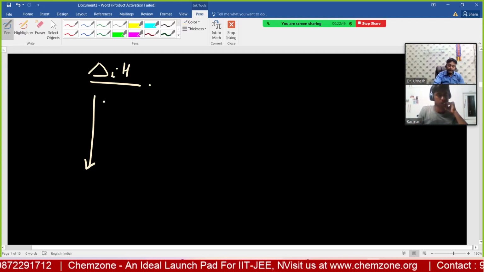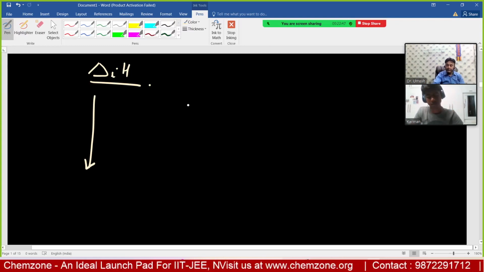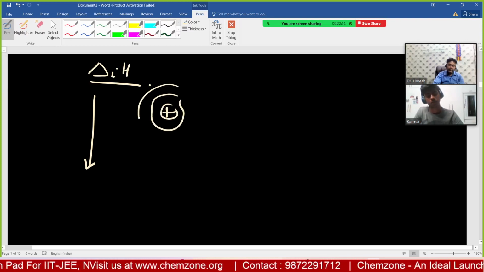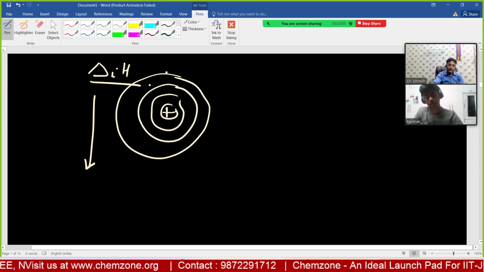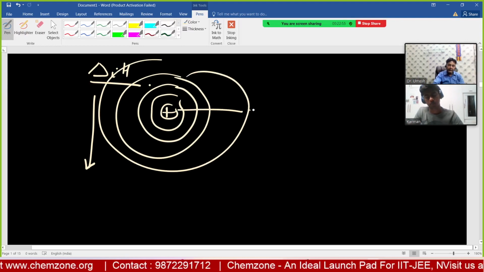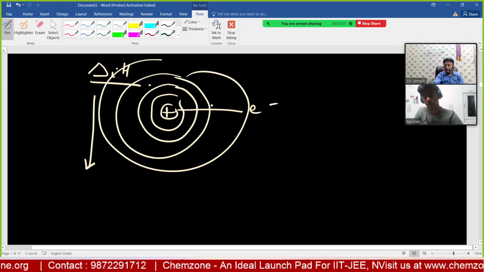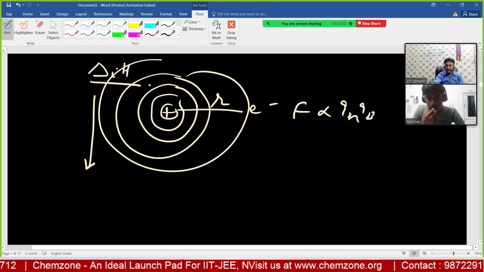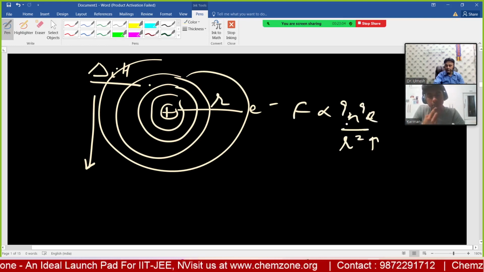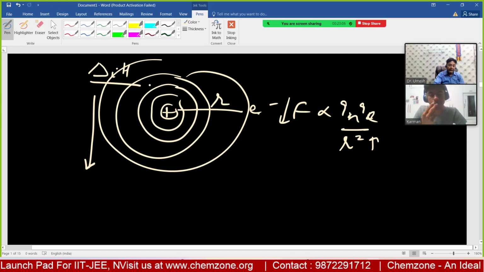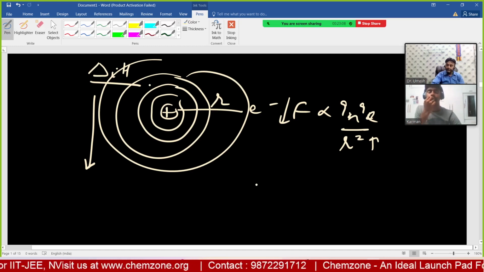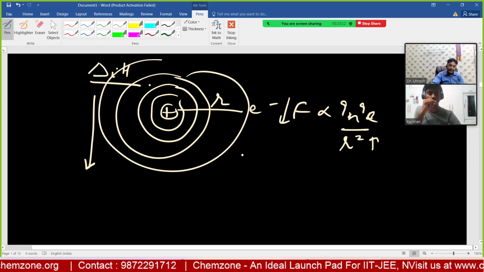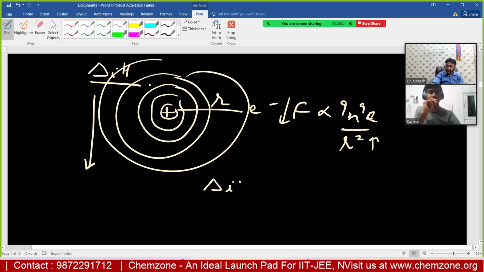The number of shells will increase. If the number of shells increases, the nucleus and electron distance will increase. If the distance increases, the force of attraction will decrease. If the attraction decreases, the removal becomes easy. It means atomic size increases and the enthalpy of ionization decreases down the group.